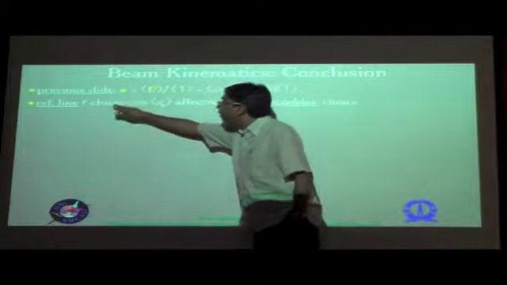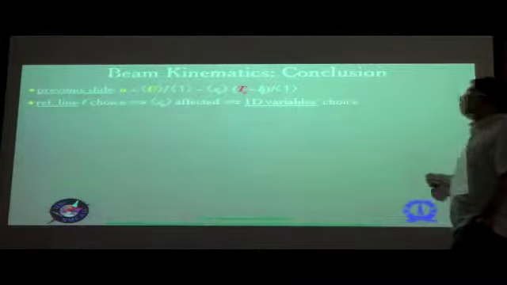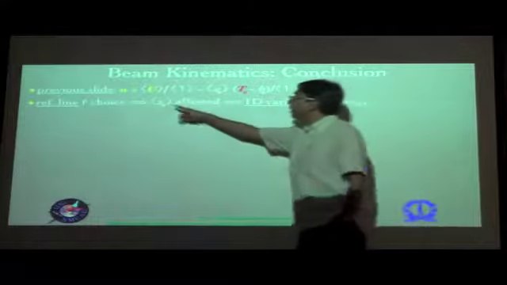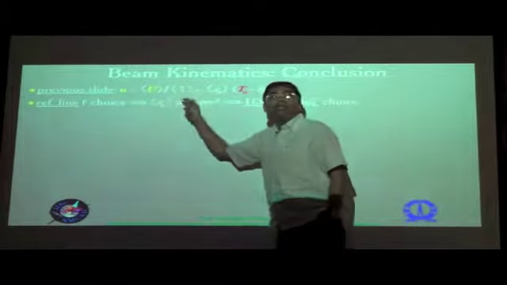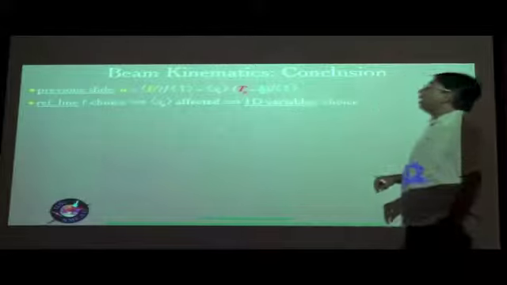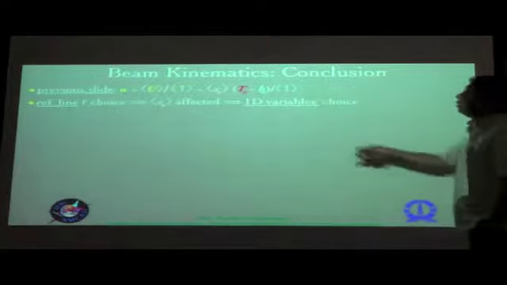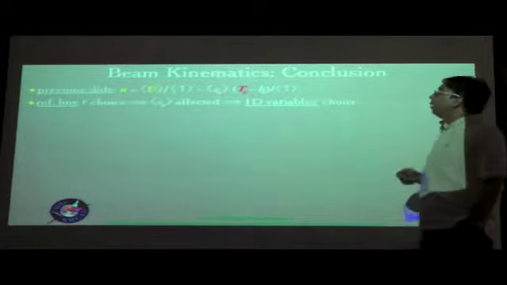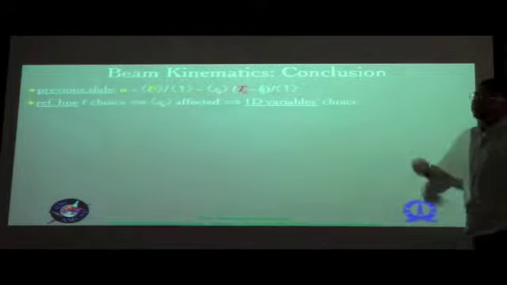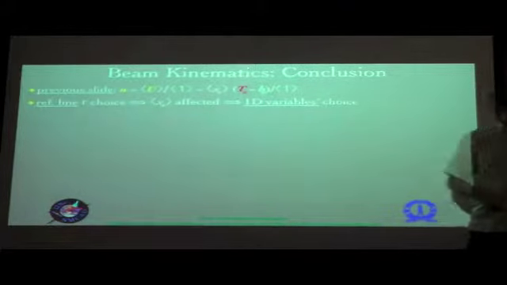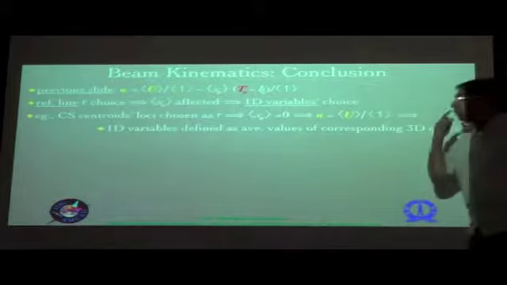So the previous slide we saw this, it's just things that I already discussed, but let's just conclude. Reference line choice means that the average of x alpha, or the integration of the cross-sectional area of the x alphas are affected, and therefore the choice of the 1D variables is also affected by the choice of small r, that is the reference line.